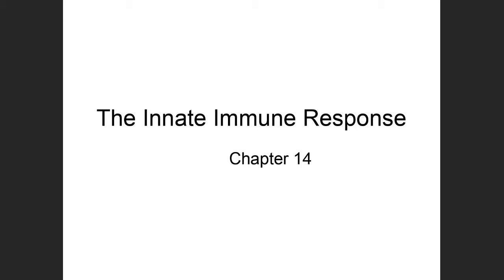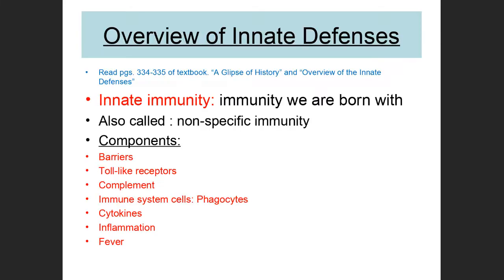Okay. So just be aware that these immune responses have different names, and you should be able to recognize them regardless of the name. So innate is also called non-specific. It is called innate because that means we're born with it.